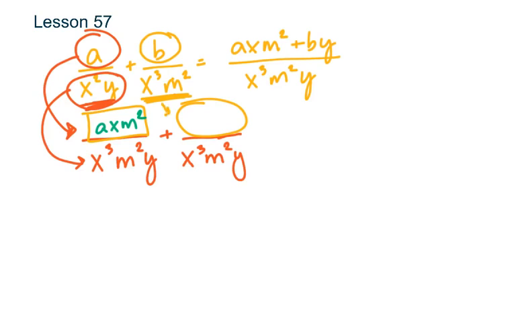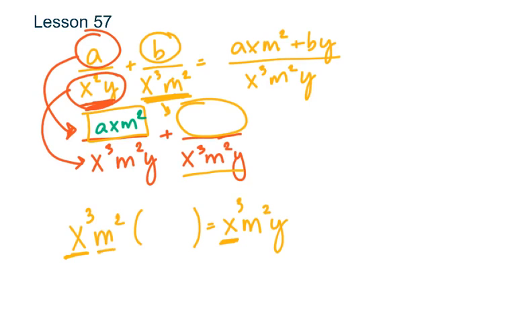So I'm going to write the original denominator of x cubed m squared and think, what did I need to multiply that by to get this new numerator? So I had three x's and I have three x's here. So the x's don't need to multiply by anything because they don't change.